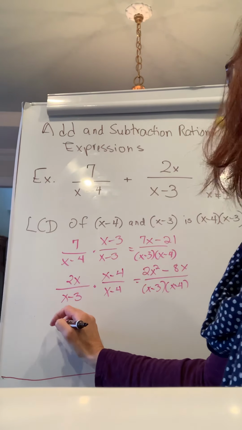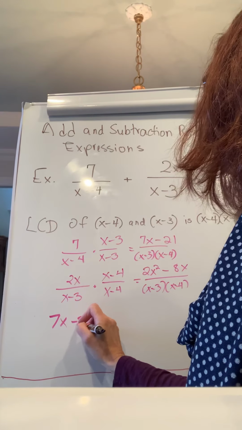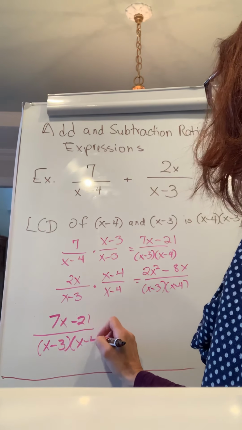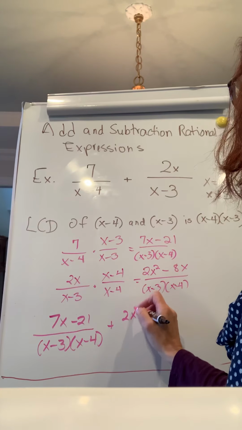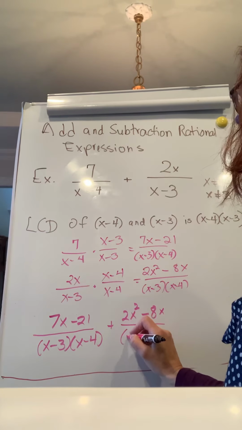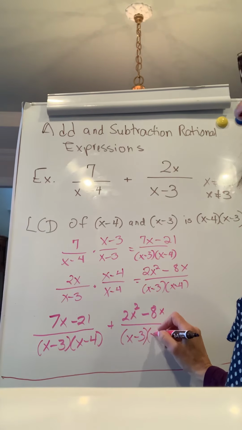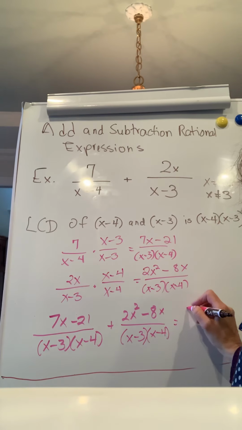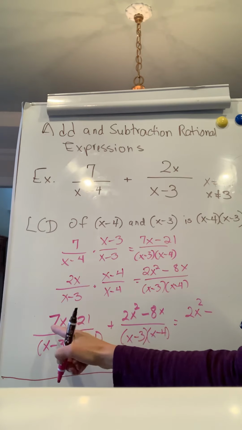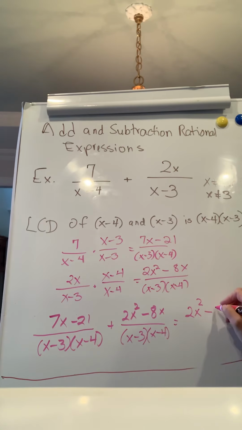So now if I go ahead and add these, like I said, we can leave the denominator factored. We get 2x squared minus, because I have 7x and a minus 8x, so I get a minus 1x, minus 21.